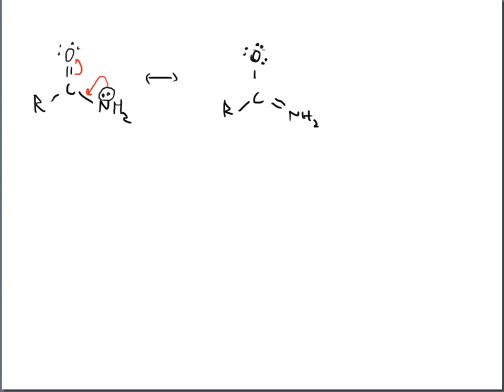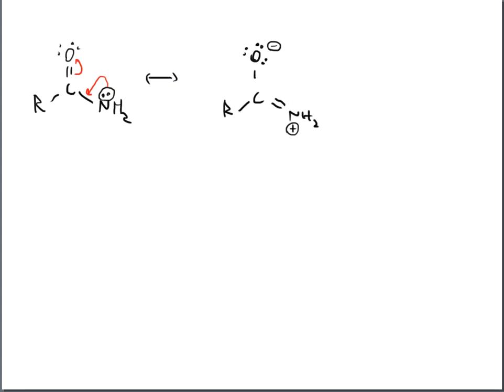It bit off more than it could chew, but it at least wanted them in the beginning. If this is what goes on, then folks, this nitrogen now has 4 bonds. It becomes positive. And this oxygen now has 1, 2, 3, 4, 5, 6, 7, a full-blown negative. So out of these two, it will flip-flop. It will go left, and then it will go right, and it will keep flip-flopping over and over.